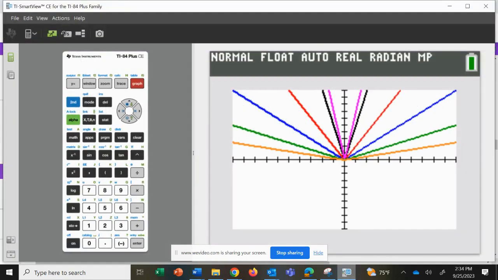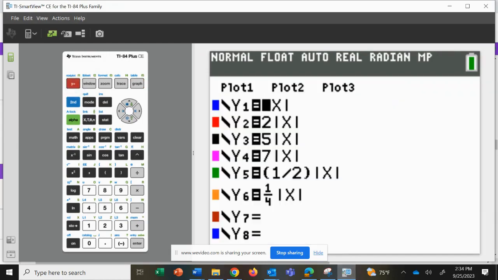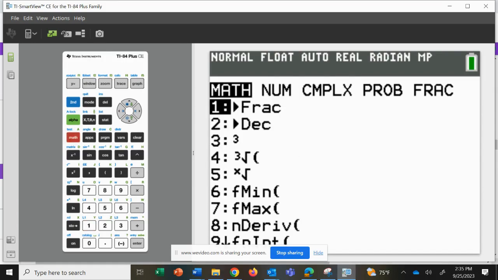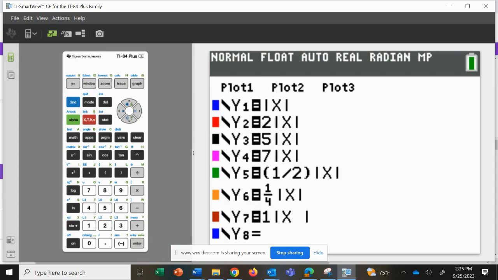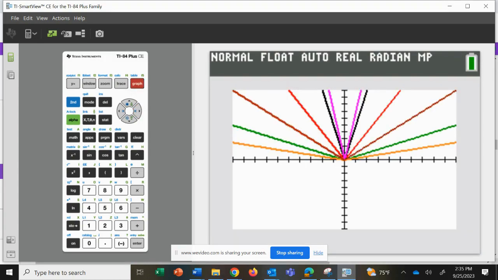Okay, so I'm going to play devil's advocate. Do you know what devil's advocate is? I'm going to prove you wrong, basically. So what I'm going to do is choose the whole number of 1, absolute value X. If I do 1 absolute value X, that will be like a maroon color.